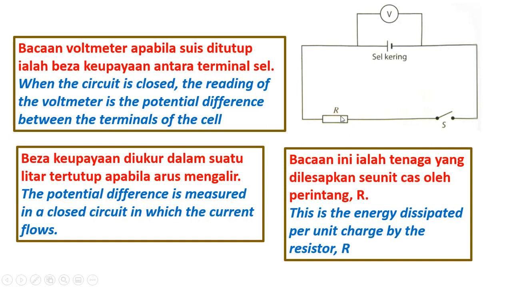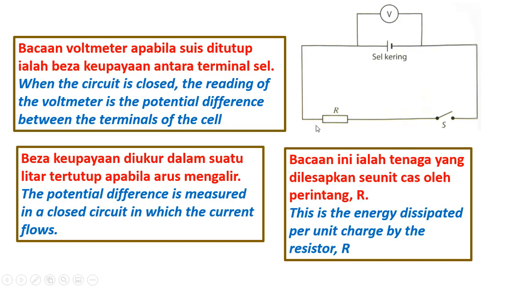Okay, so this is the energy used by the resistor or the light bulb in order to light up the bulb, right? The energy from here is used to light up the bulb as light energy or heat energy. Okay, and the charge goes back to the negative terminal.